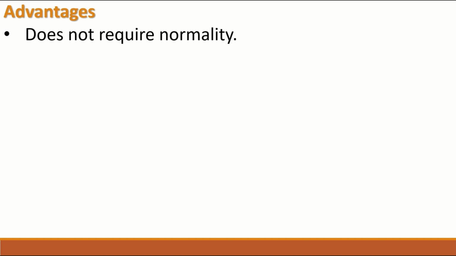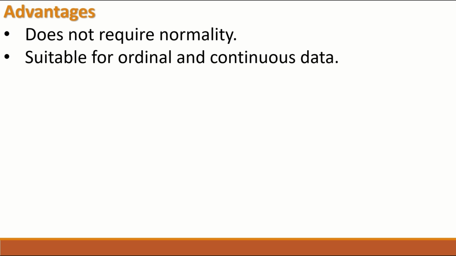The advantage of using this paired non-parametric test is that it does not require normality of the data. So if the normality assumption is violated and the data are in two groups and those two groups are related or matched, then this Wilcoxon test will be the best to go for.